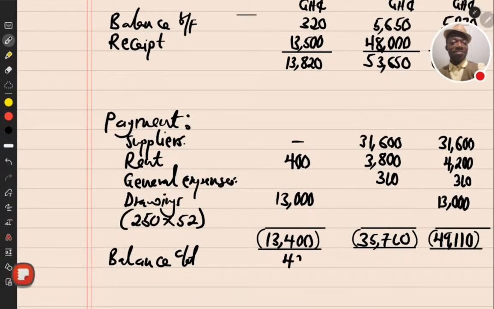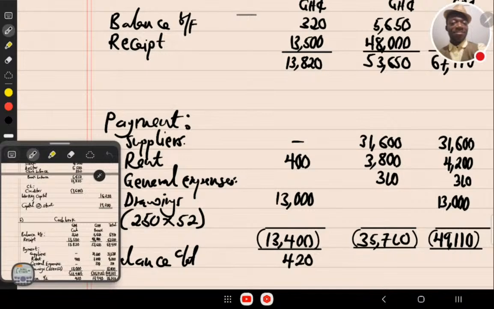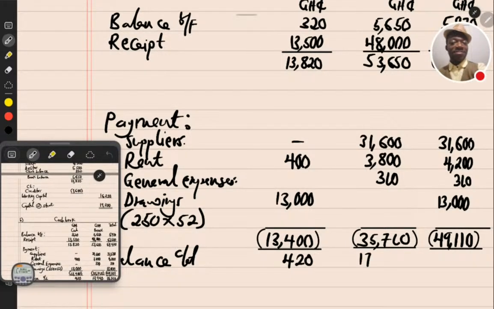So here 420. Then here too, in my calculation I have 17,940. Can also confirm that. And here too, I had 18,360. That is in total.